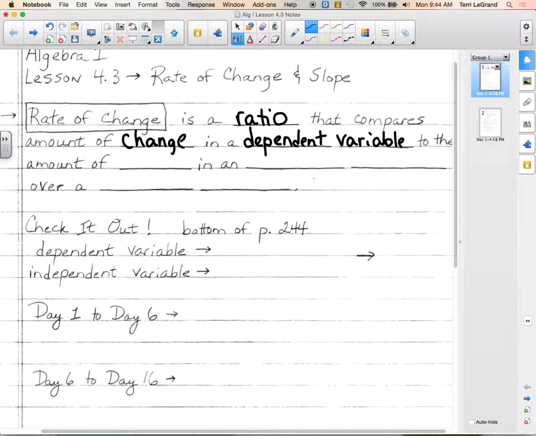So the amount that the y value changes to the amount of change in an independent variable. Well, if y is our dependent variable, that leaves x to be our independent variable.